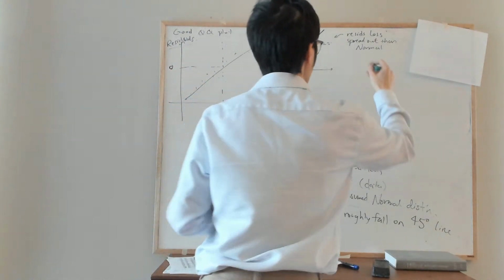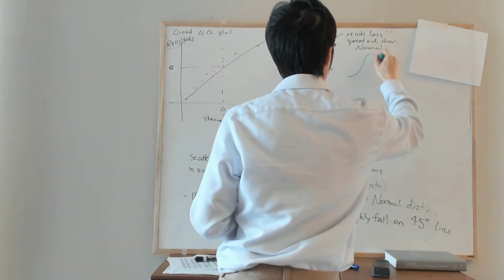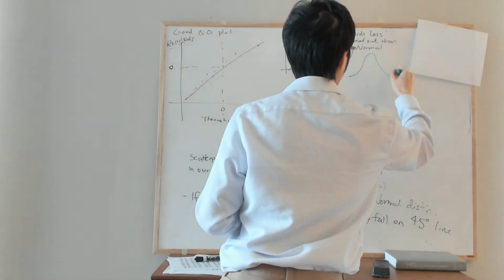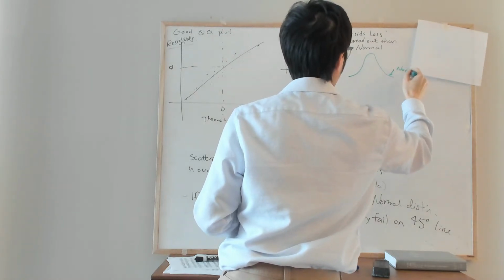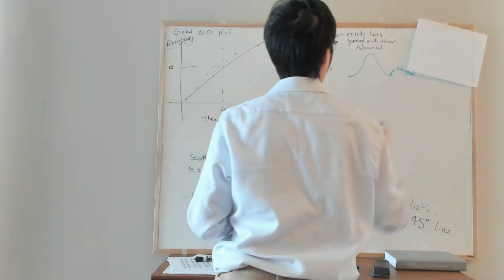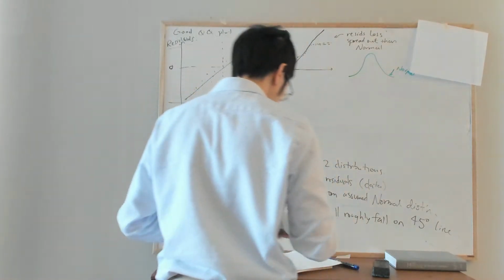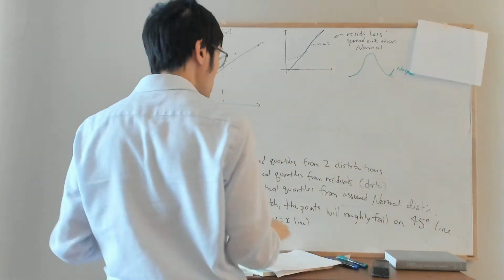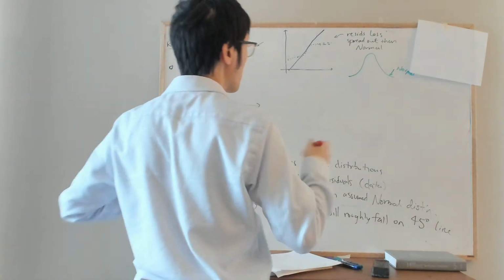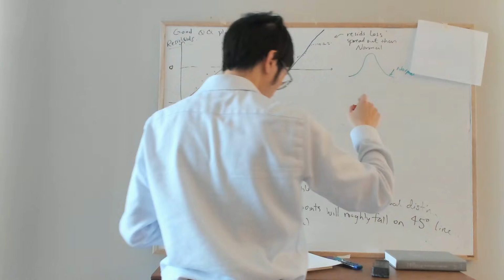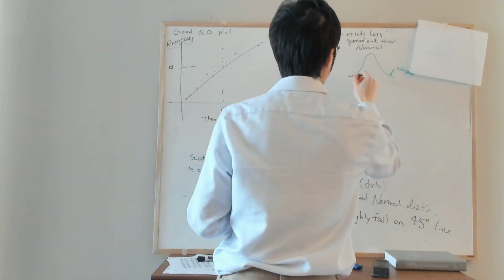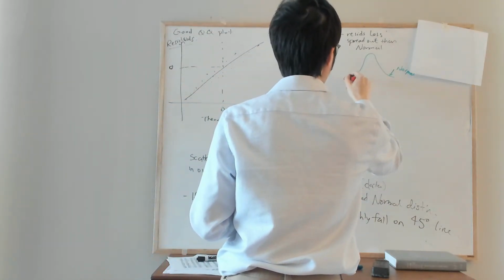So if this is the normal, then I use red for the residuals, which means there's less deviation.